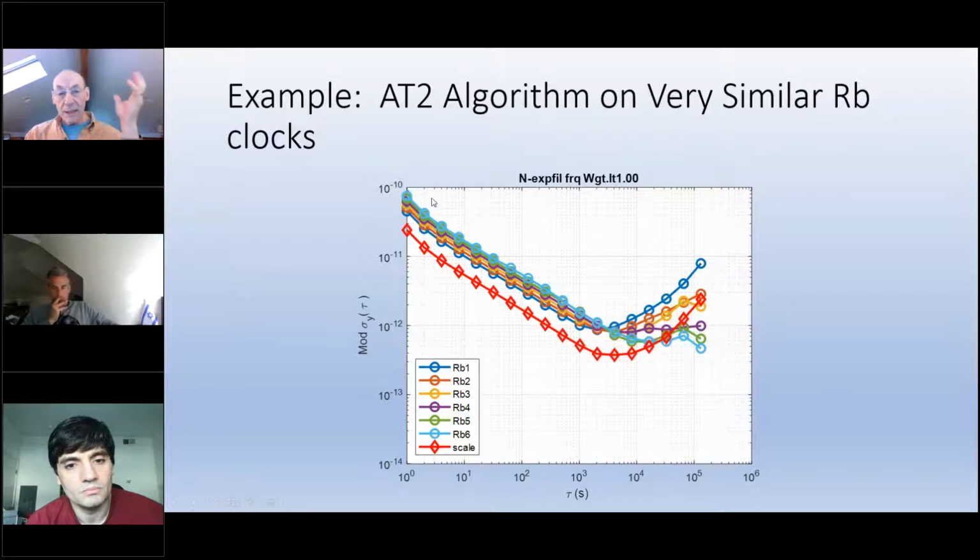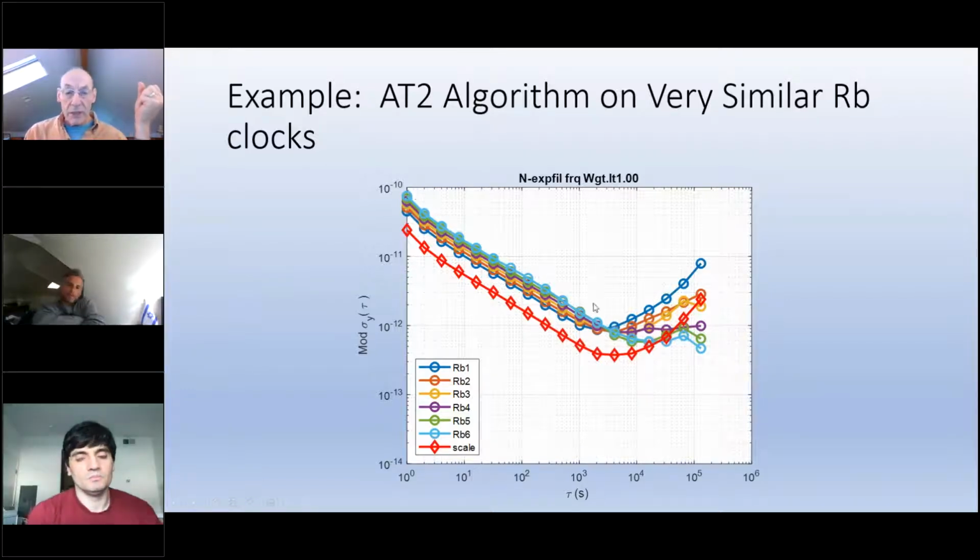If you had this as an ensemble of rubidium clocks and you put it into my AT2 algorithm, I actually did this with data that I generated, starting with 1 point measured every second. So this is the clocks themselves against a perfect clock, not as you would measure them.